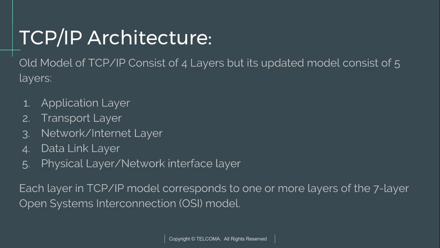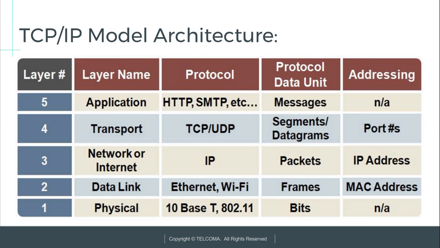Each layer in the TCP/IP model corresponds to one or more layers of the 7-layer OSI model. This diagram shows the TCP/IP model, representing layers, protocols, and the protocol data units used by TCP/IP.